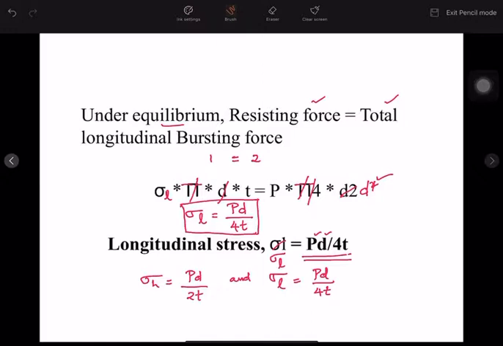If we compare these two equations, or if we take a ratio of these two stresses, sigma h by sigma L, that will be equal to 2.